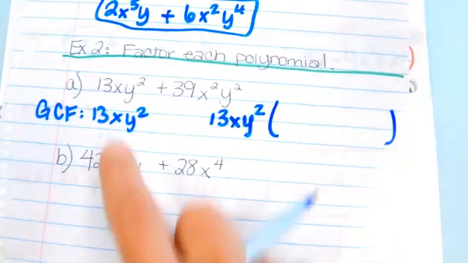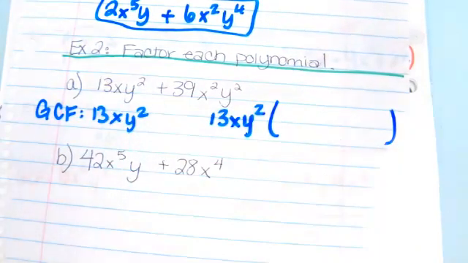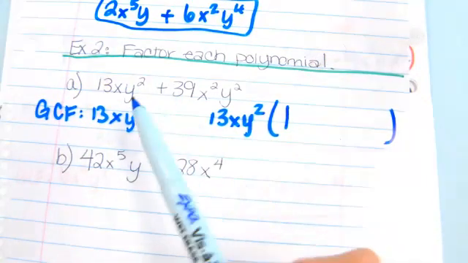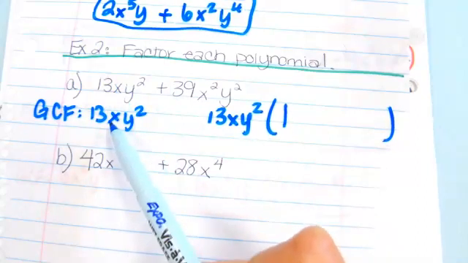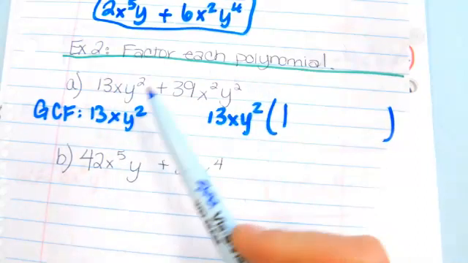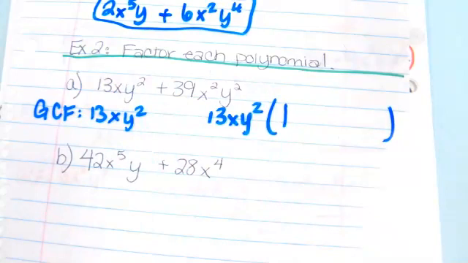Let's do this. 13 divided by 13 is what? 1. And I'm putting the 1 in, knowing that if it were on a big test, the 1 wouldn't be there. If I take an x out, how many x's are left? 0. None, so we don't write it. How many y's are left? Also 0.